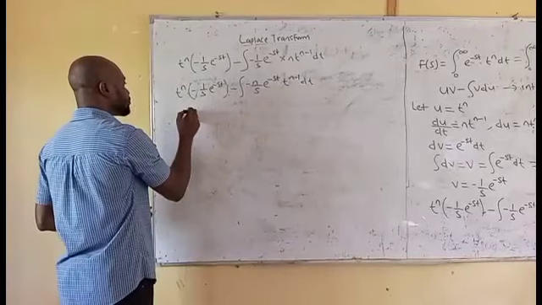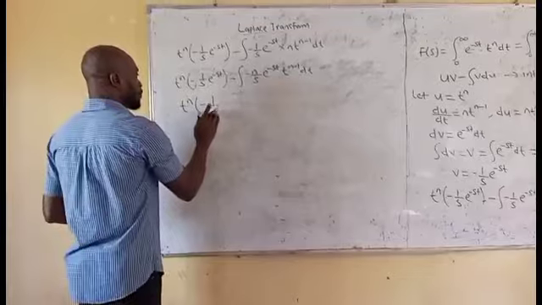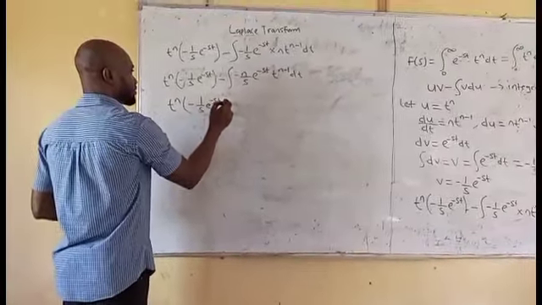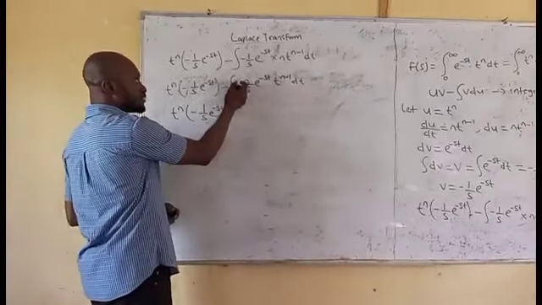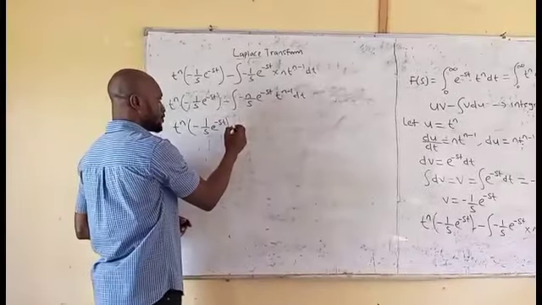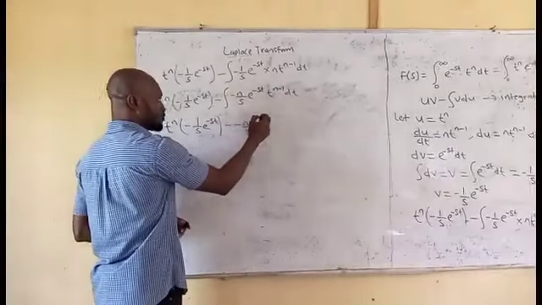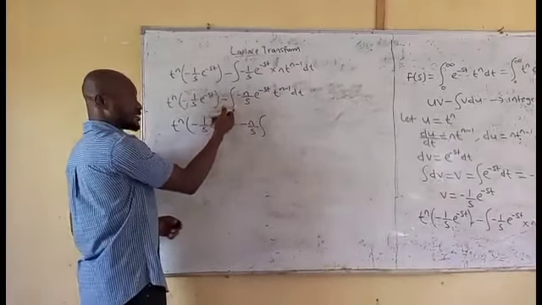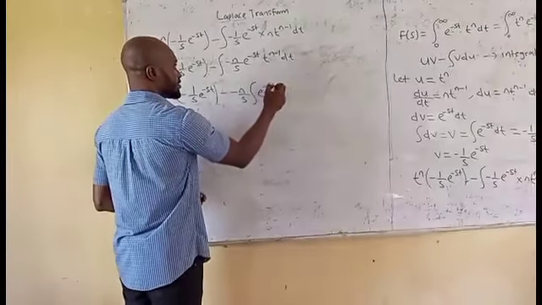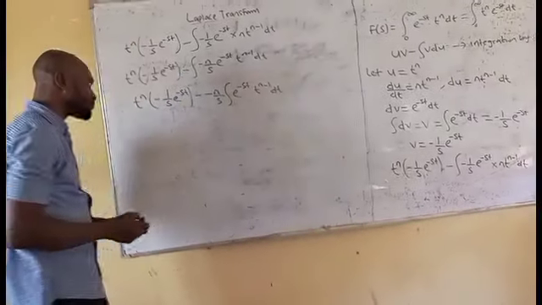So I'm going to have t raised to the power of n into minus 1 over s exponential minus st. Then this is minus, the constant is carrying a negative sign. So if you bring it out here, it will now be minus n over s. Then I'll still include my integration sign, which is exponential minus st times t raised to the power of n minus 1 times what? The dt.